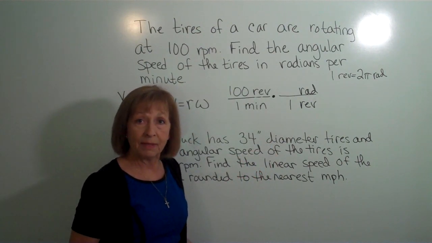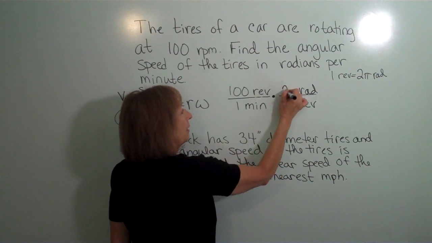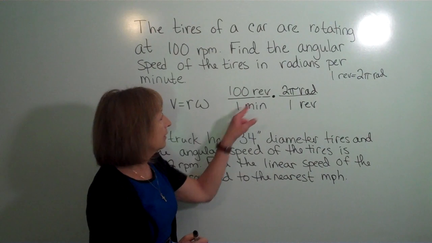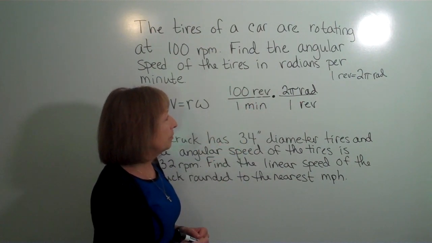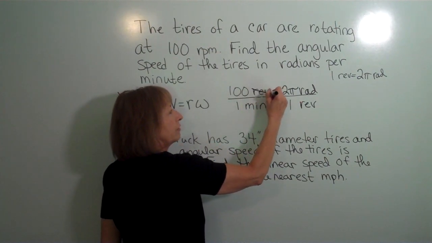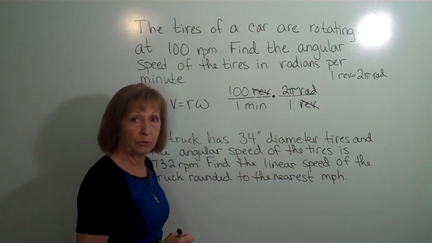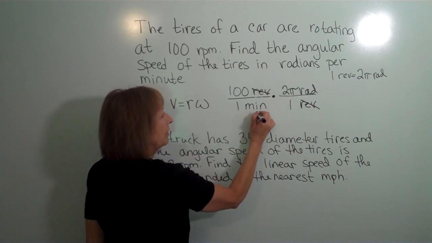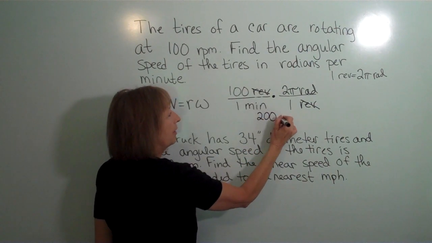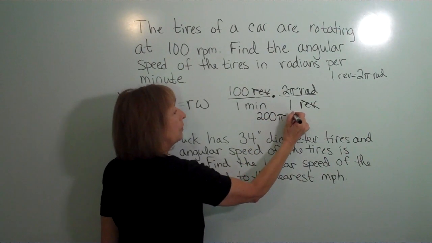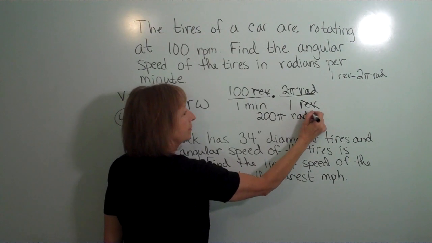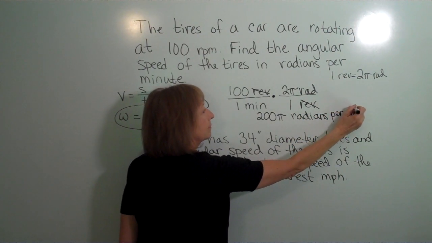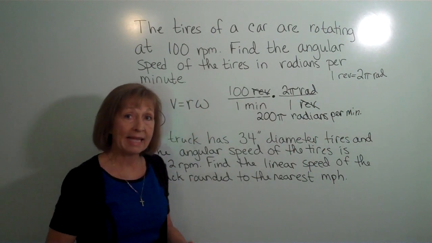And how many radians make up a revolution? 2 pi radians make up a revolution. So then when I simplify, I have the common factor of revolutions that we'll remove. And I have 100 times 2 pi, so that's 200 pi radians per minute. So that's our exact value.